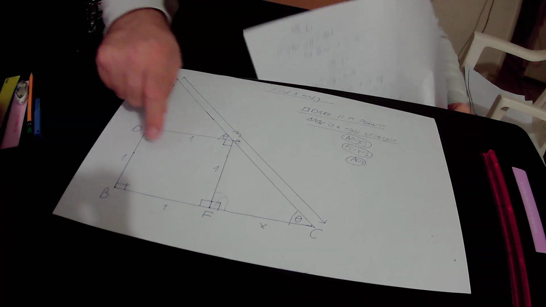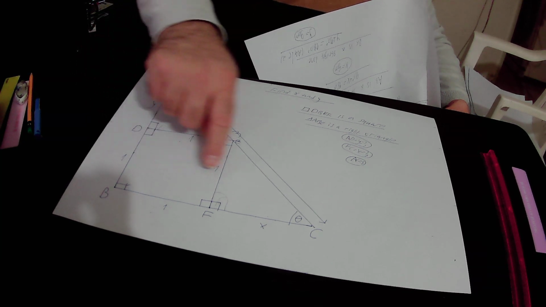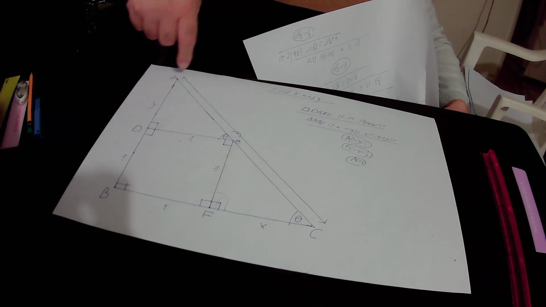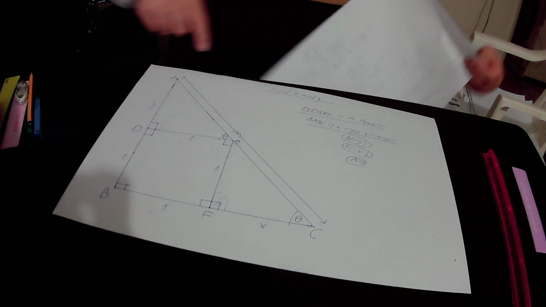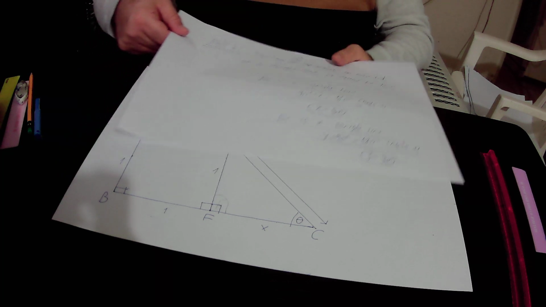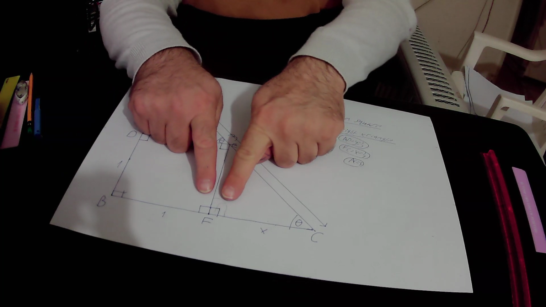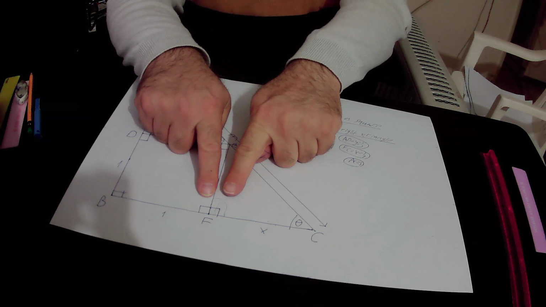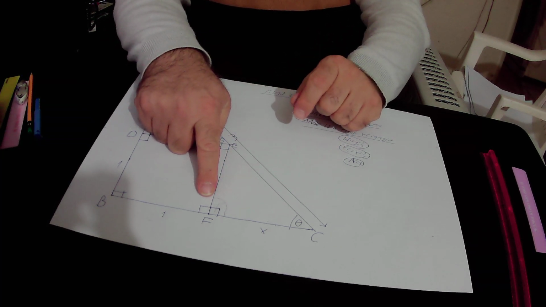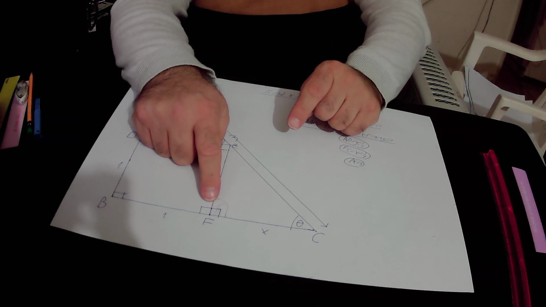Then BC is one side of the right triangle ABC, therefore it is absolutely a straight line. So if we focus on the upper side of the straight line BC at point F, then the sum of the angles at this point must be equal to 180 degrees.